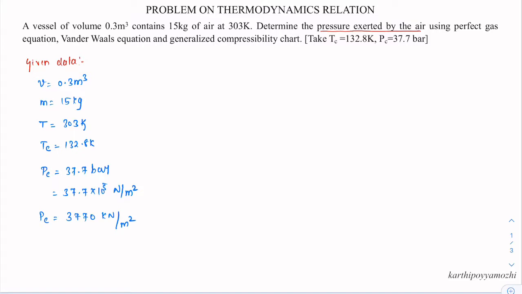To find, we need to find the pressure exerted by the air. Moving on to the solution, first, we can find the value of pressure exerted by the air using the perfect gas equation.